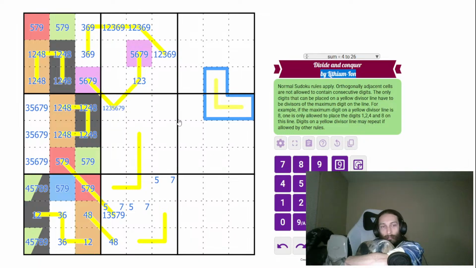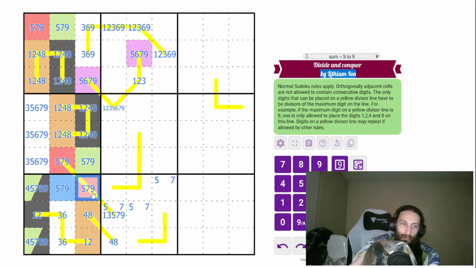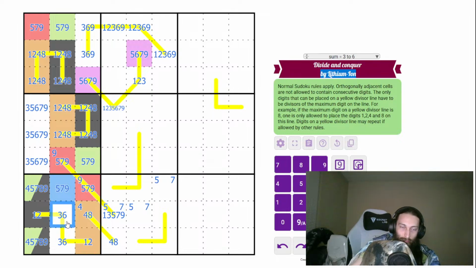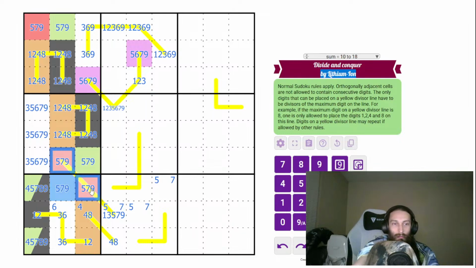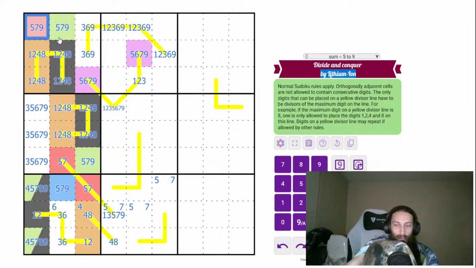Okay. Red in box 7. Red cannot be 9. Because if red is 9, below it is 4, because you can't have consecutive next to it. That would be 4. To the left of the 4 would be a 6, because you can't put 3 next to the 6. Which would make blue 9 also. Okay. So red is not 9.